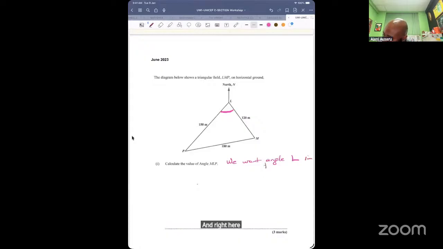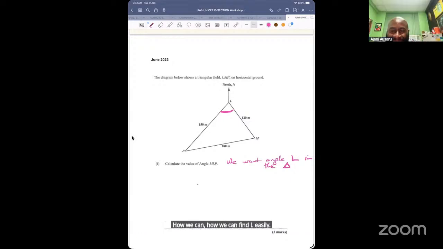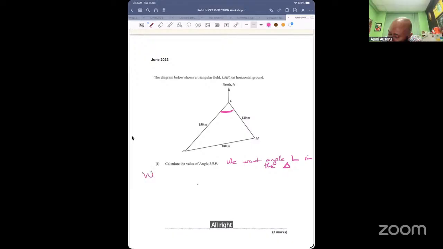In the triangle. So, can we find L? Yes, sir. How can we find L easily? Cosine rule. All right, so we use the cosine rule.